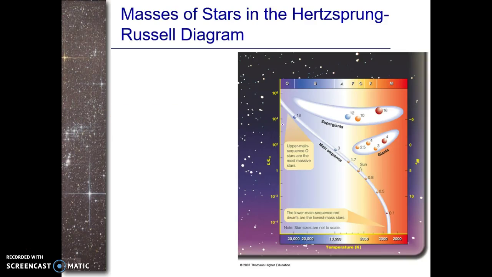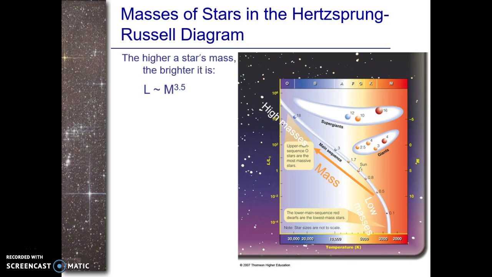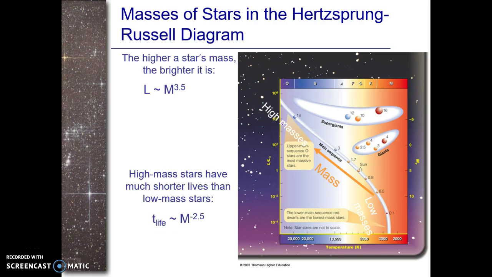Masses of the stars. In this HR diagram, you'll notice that low masses would be near the dwarfs, and the high masses would go up in the main sequence stars. Once you get into the supergiants and the giants, the masses actually go down, right? The higher a star's mass, the brighter it's going to be, and these high mass stars have much shorter lives than the low mass stars.